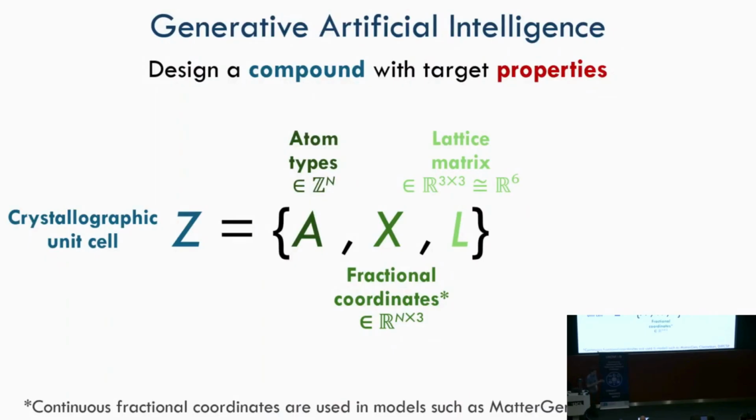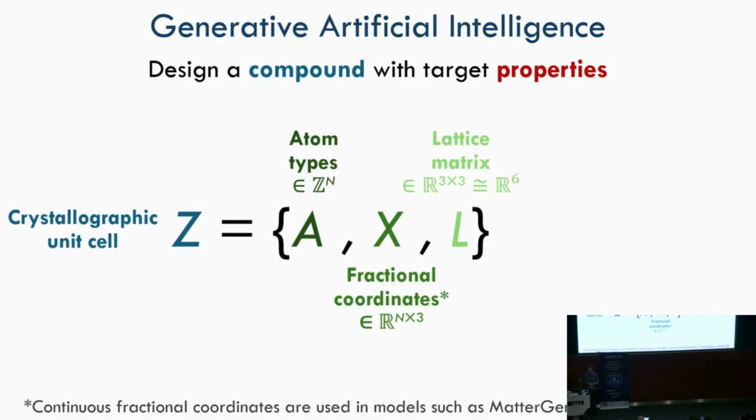So to cut a long story short, generative AI has made a lot of progress in this field. One of the first tricks came with representation. So how do you really represent these 3D materials in a form that's suitable for generative AI? And the trick that came from Shay Tian, who was at Microsoft recently, and now he's at Project Prometheus, the startup funded by Jeff Bezos, he put forward this scheme where basically we represent crystals as a combination of three factors.